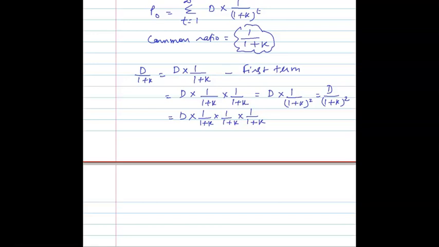Likewise, we could write out all other terms in this manner using the common ratio. So if we were to summarize, what we have on our hands is the sum of an infinite geometric series, which fortunately can be computed very easily using the sum of an infinite geometric series formula.